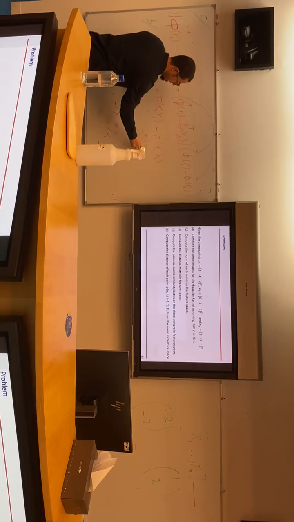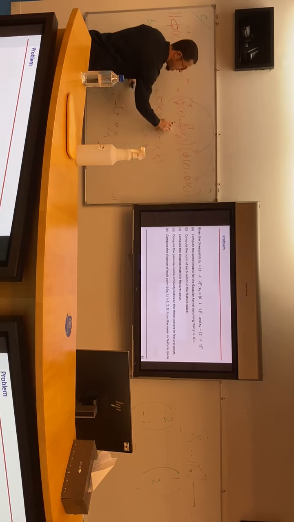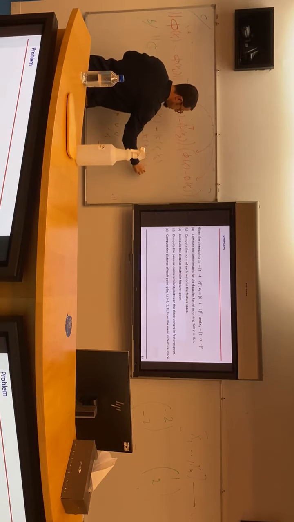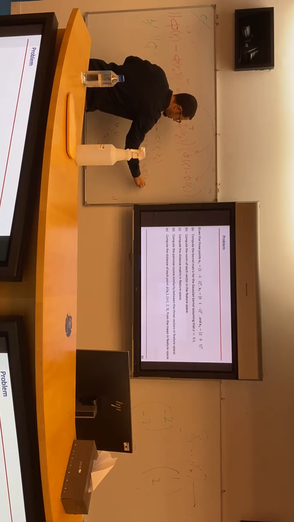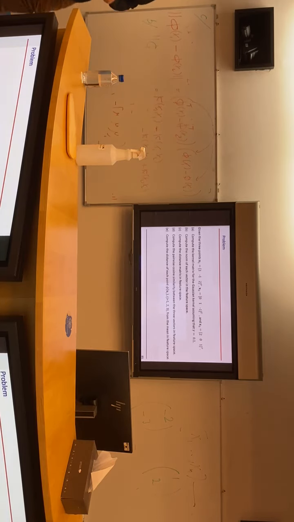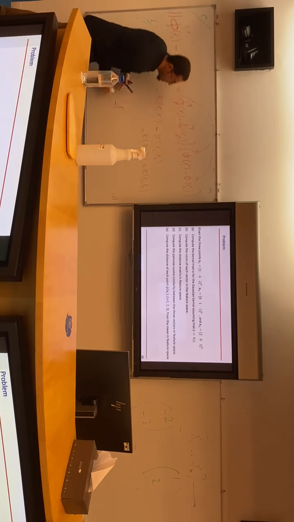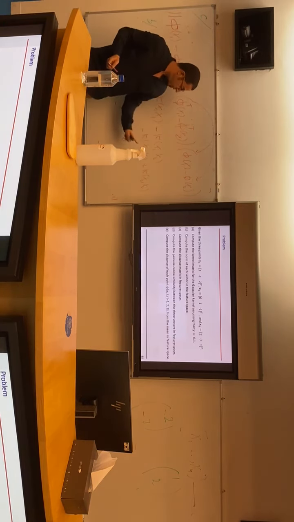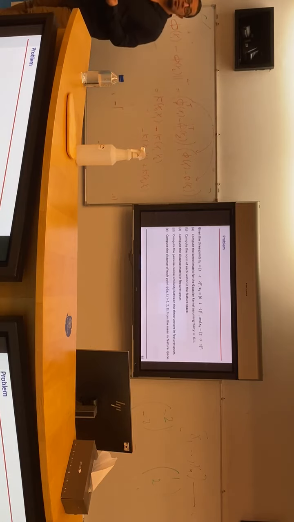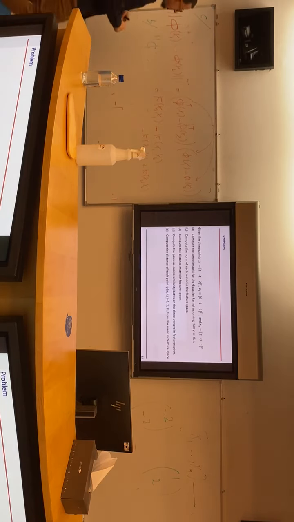Minus kernel x2, x1. This times this is positive kernel of x2, x2. And we have the kernel, we calculated already, right? So x1, x2 and x2, x1 are the same or not? The same vector.